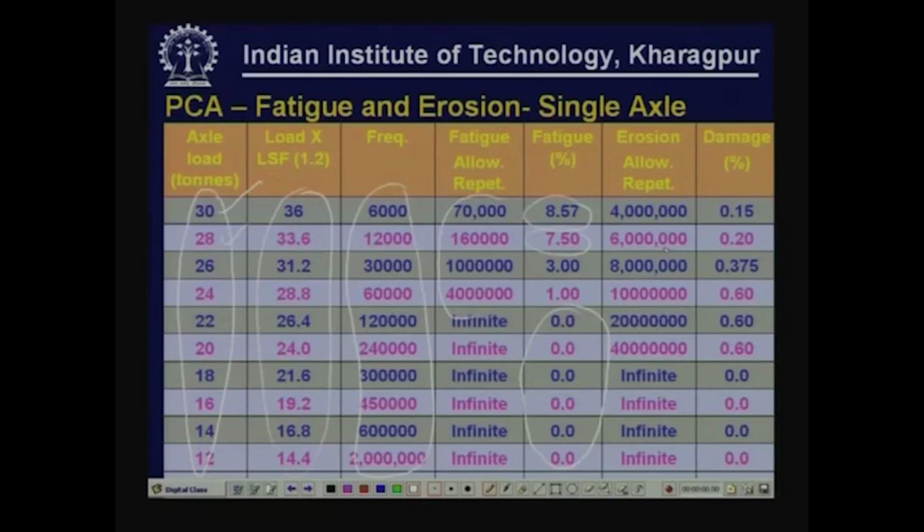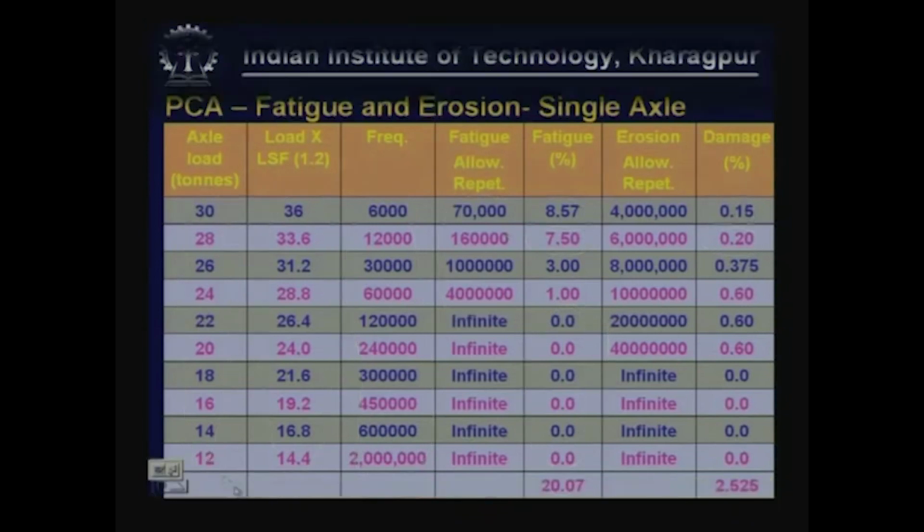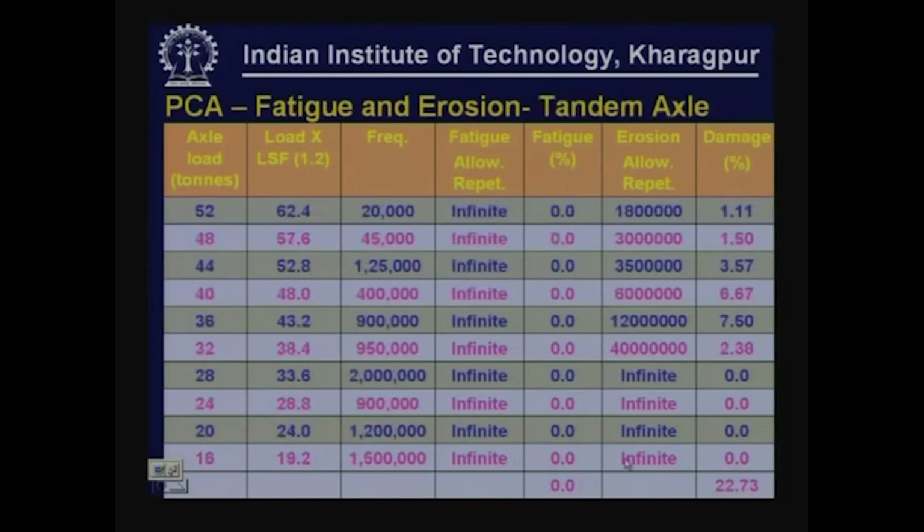Similarly, for erosion analysis, these are the allowable repetitions obtained from charts. This is the damage caused by 30 ton axle load groups, and 0.2% is the damage caused by 28 ton axle load groups. Similarly, this is the total damage caused by all the single axle load groups, 20.07 and 2.525%. Similar analysis we will do for tandem axle load groups also.